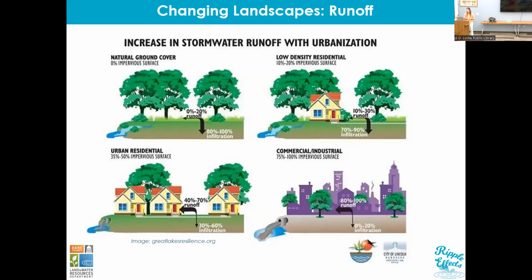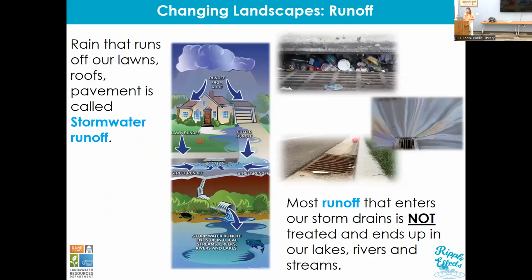Moving to the upper right, there is a little bit of development, down to the bottom right, a very highly urbanized area where almost all of the water is running off and not infiltrating.